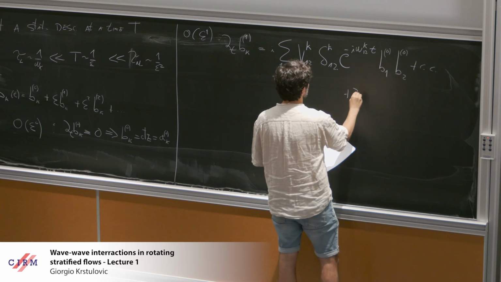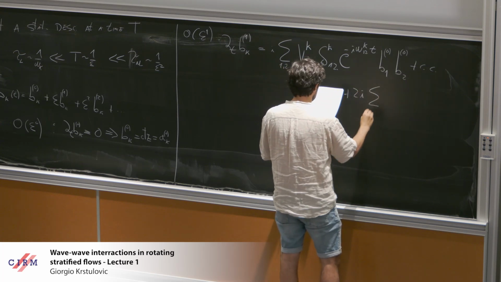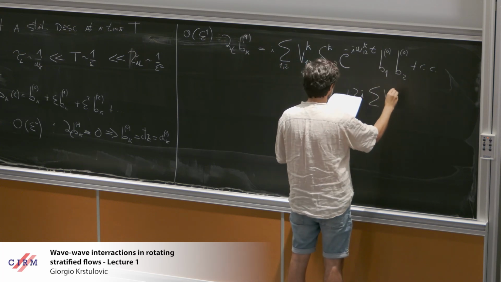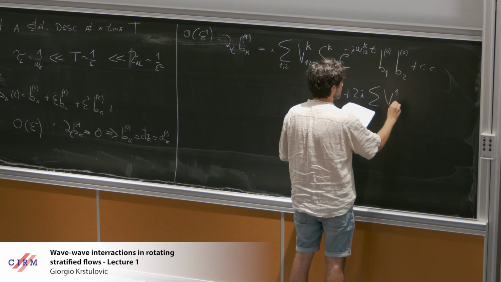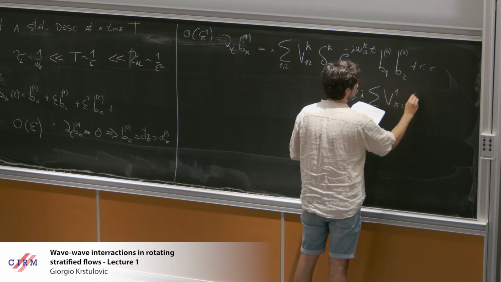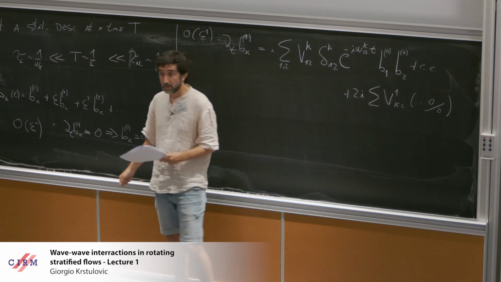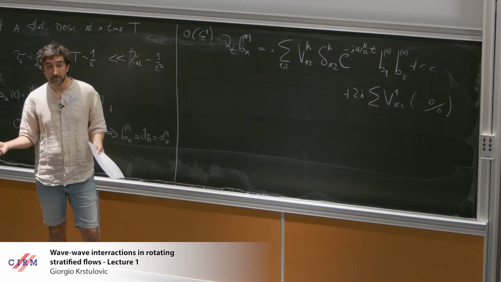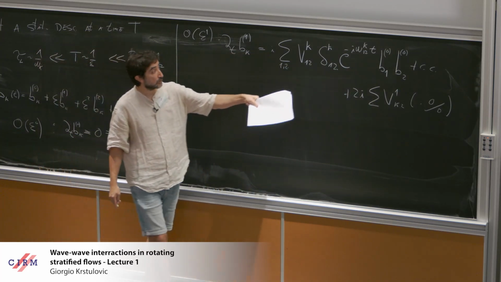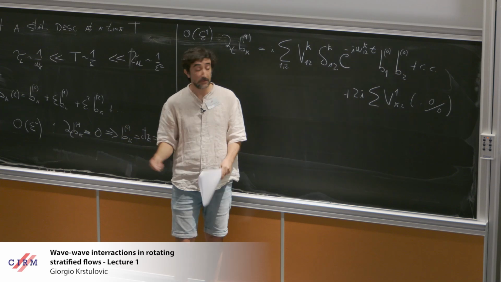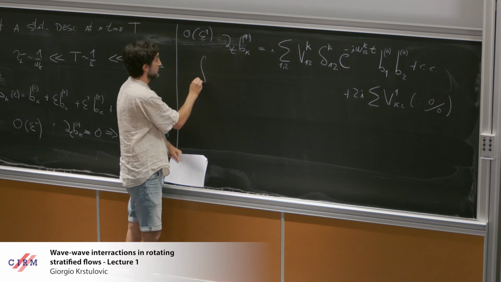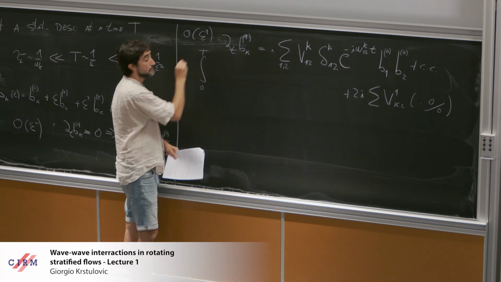Plus the other one, which has the V1, k2. Okay, so now it's fine. The right-hand side depends only on B0, which I know is initial data. So this I can integrate between 0 and t.